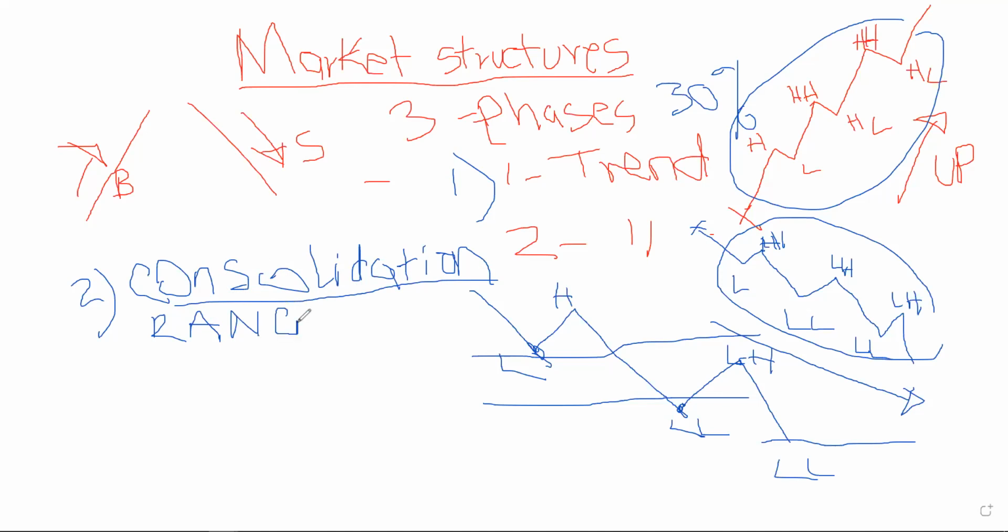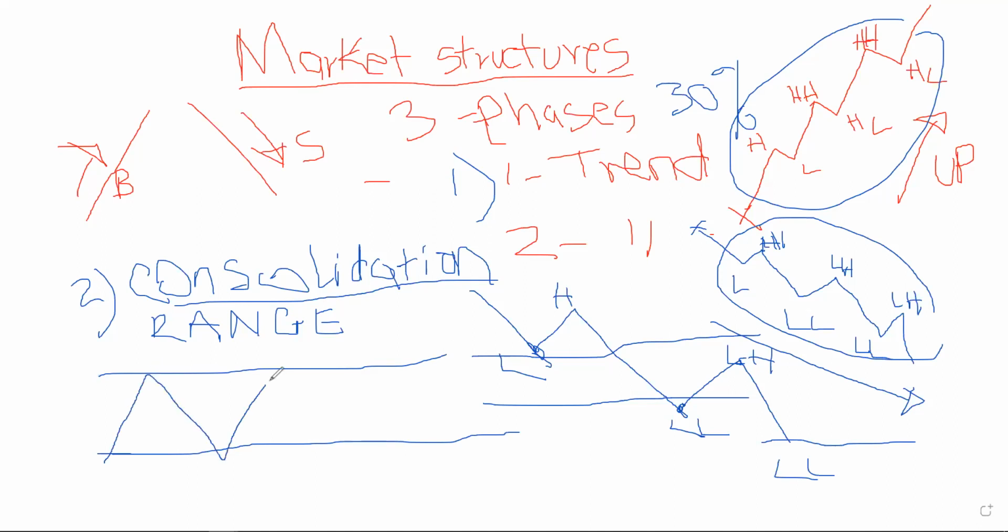Now, ranging, from the English word, means it is just jumping from one point to another point. If you draw 2 lines like that, you'll find that the market was actually doing nothing but just going between those 2 points. It goes up, comes down, goes up, comes down, goes up, comes down, goes up.